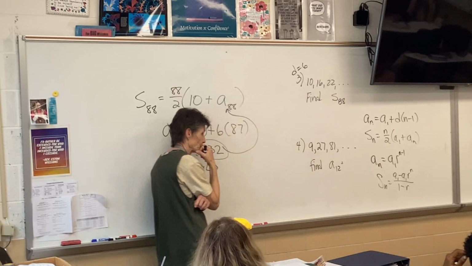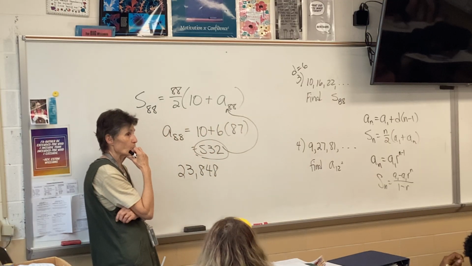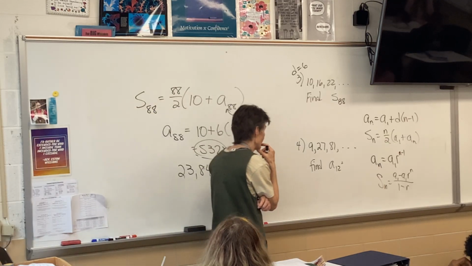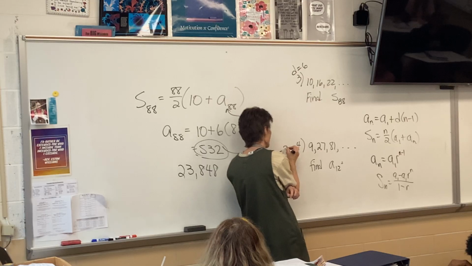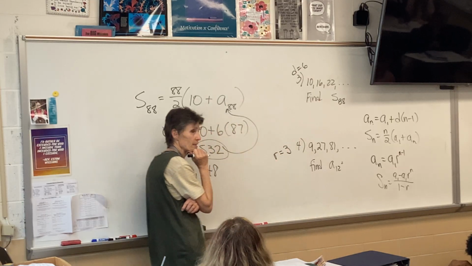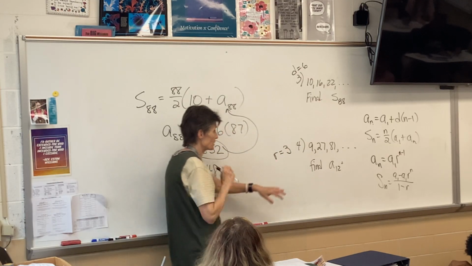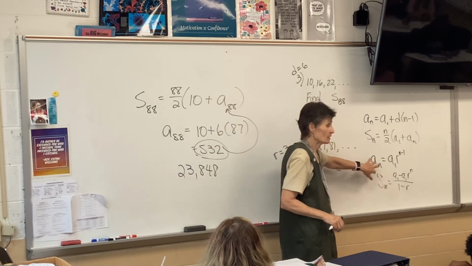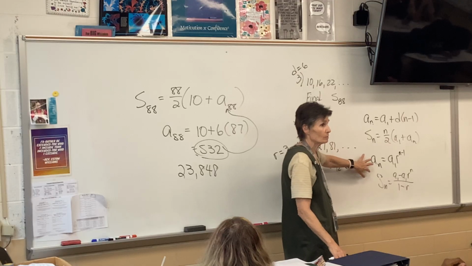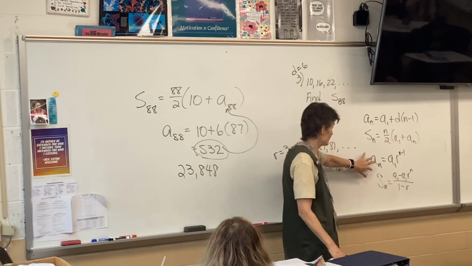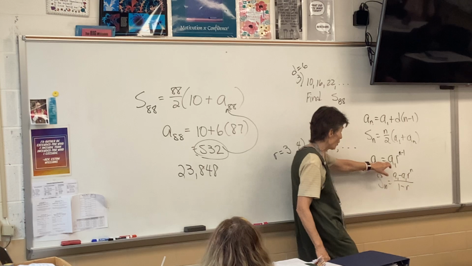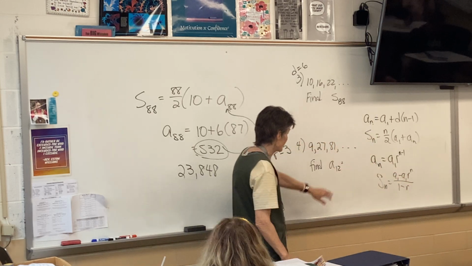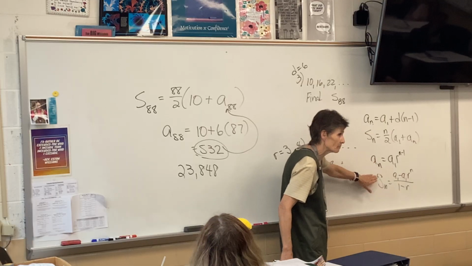Last one. A sub 12. Well, what kind of sequence do I have? Geometric with a ratio of 3. My geometric formulas are these. I'm not going to label this for you. You need to know which one's which. These are your geometrics. They have all of them in them. Which one do I use? The top one or the bottom one?